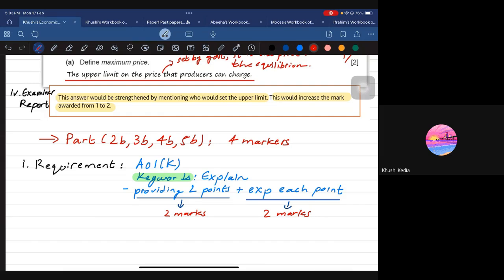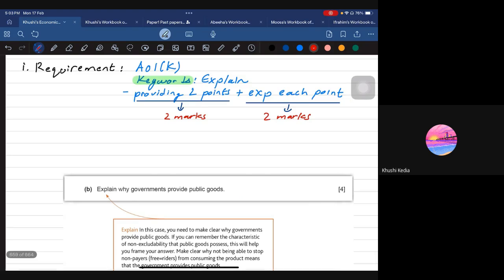Okay. So now we have here a sample answer. Question says explain why governments provide public goods. So the key word here is what? Explain. So the key word is explain.